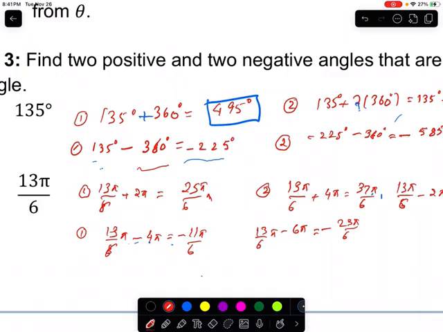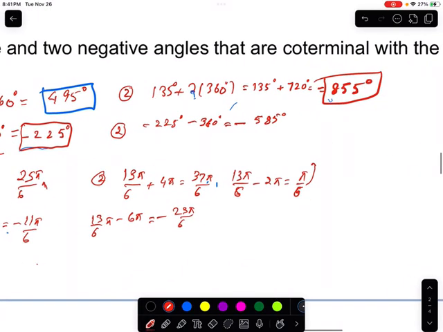Now to find the negative coterminal angles, we will start subtracting multiples of 360. So I start with 1 times 360, and I get a negative angle, which is one of the negative angles I want. Then we do it another time.